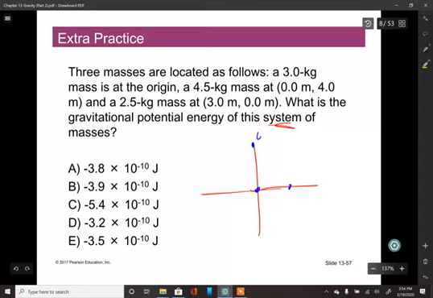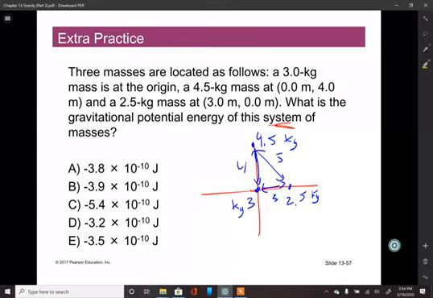So this is 4.5, this is 3, and this is 2.5 kilograms. And this length is 4, this length is 3, and so hopefully you can see without using the Pythagorean theorem that that length must be 5. A 3, 4, 5 triangle.